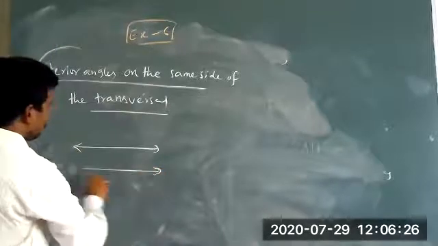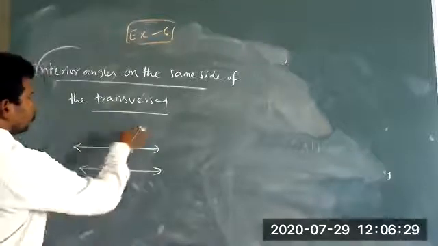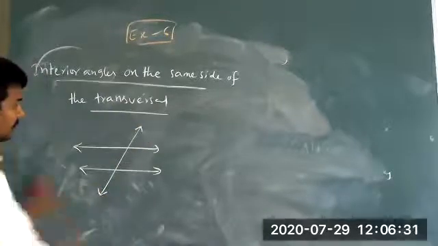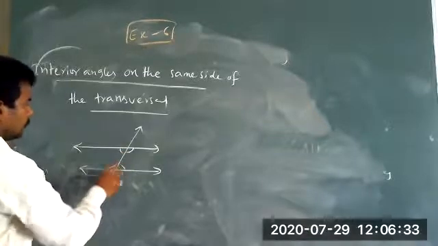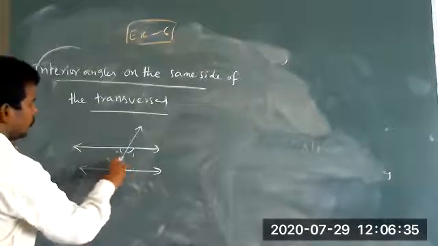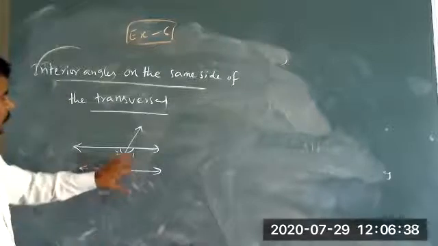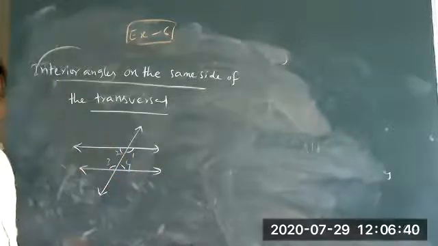Take this side, take one more line. These four angles, 1, 2, 3, 4, are interior angles.